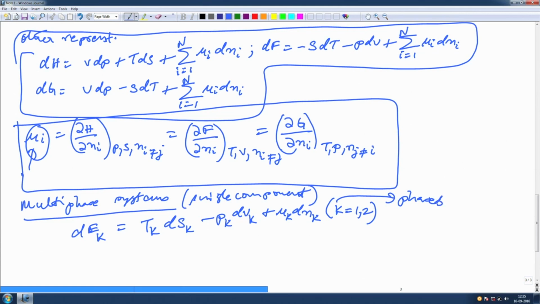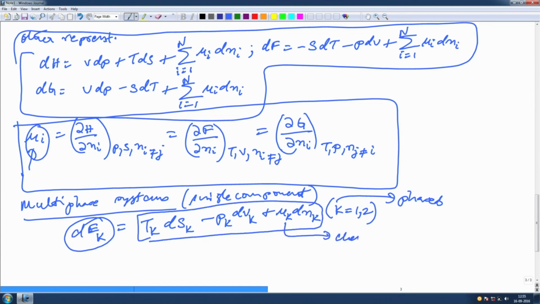For a multi-phase system, the internal energy change of the kth phase is given by this expression, where mu_k is the chemical potential of the kth phase.